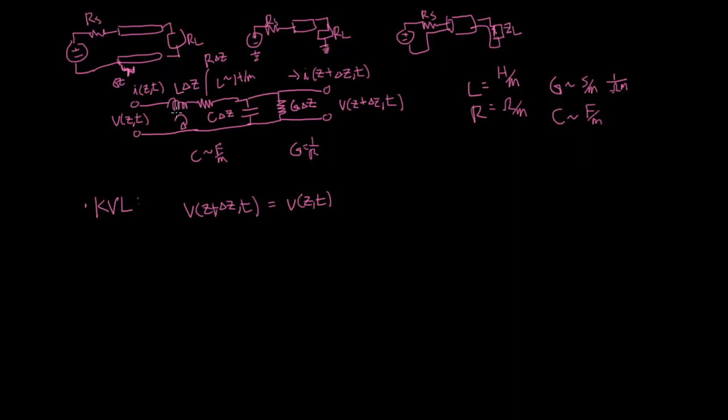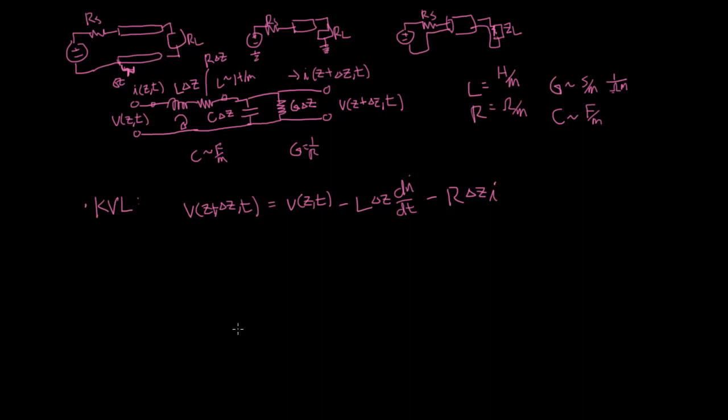So the voltage drop from this end over here to this end over here is going to be the L di dt, minus R, the resistance, times the current. So this is just straight up Ohm's law, but again, the resistance is ohms per meter.